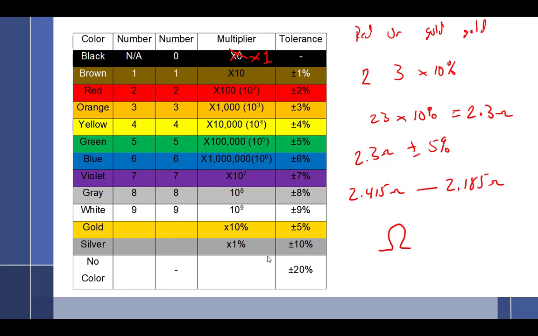Okay, so I'm going to take this little red, orange, gold resistor. We said it's going to be somewhere around 2.3 ohms, right? I'm going to put the meter on R times 1 because that makes the most sense.